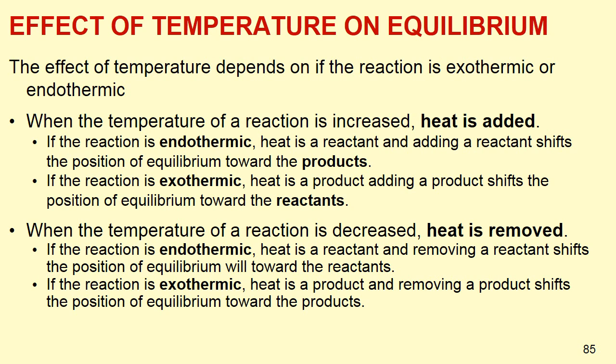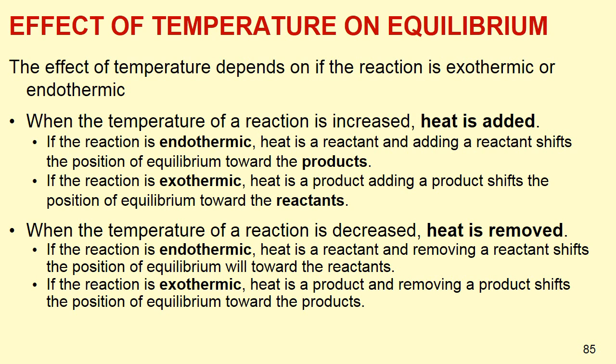What happens if you change the temperature of something at equilibrium? Well, it depends on whether the reaction is exothermic or endothermic. So let's think about that. If we're increasing the temperature, what we're really doing is adding heat. So if the reaction is endothermic, that means heat is a reactant.